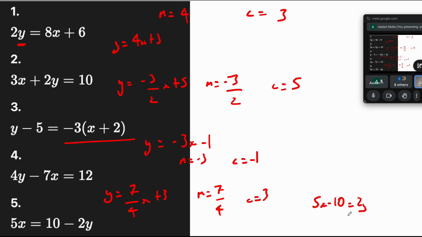For that last one, m would be 5 over 2, and c would be negative 5. Just give you a few seconds just to mark the ones that you did. If you have any questions about any of them, just let me know.